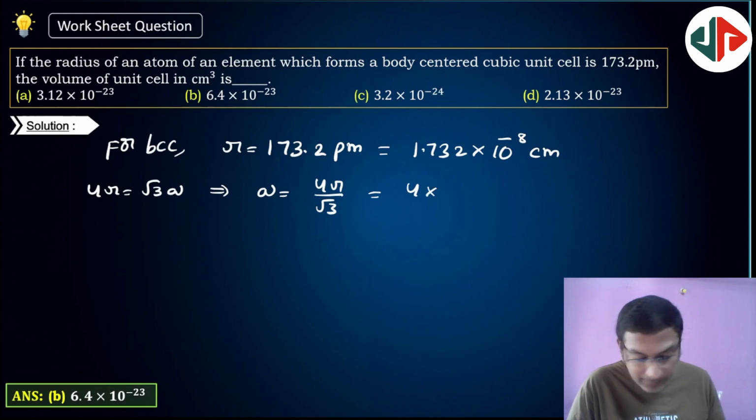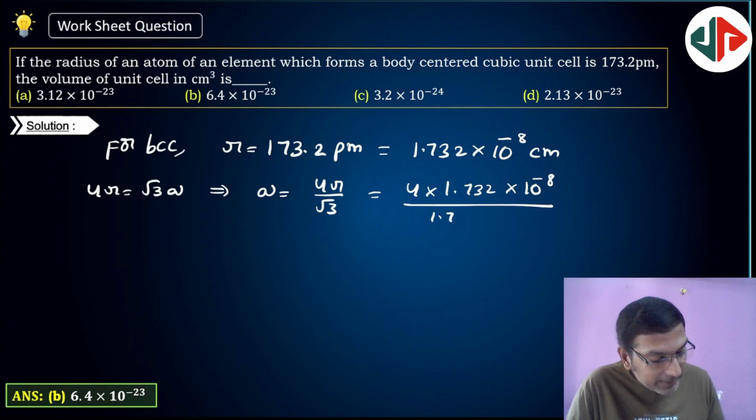That is 4 into R value 1.732 into 10 power minus 8 by root 3 value 1.732. Therefore, A is 4 into 10 power minus 8 centimeters.